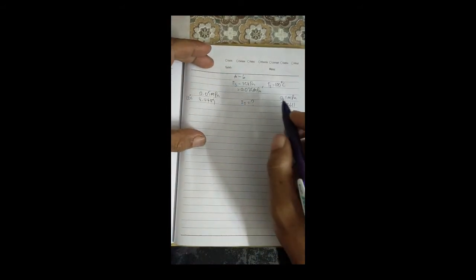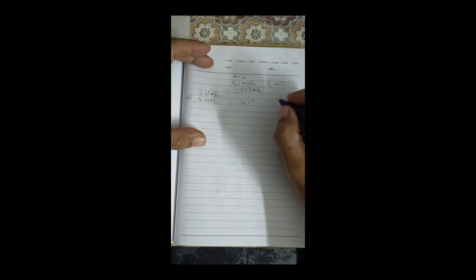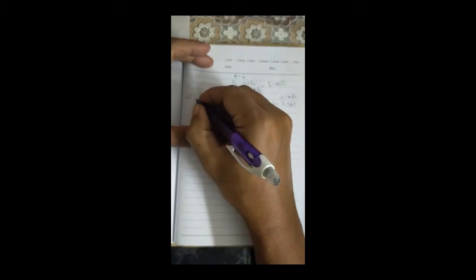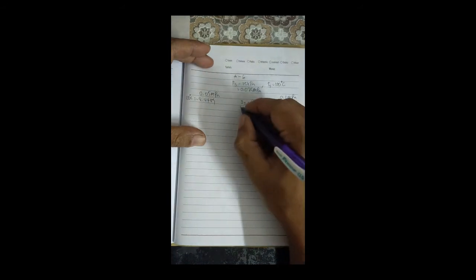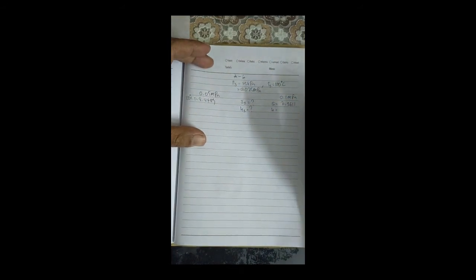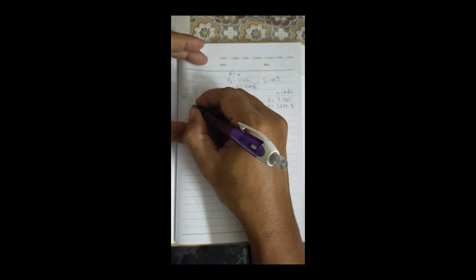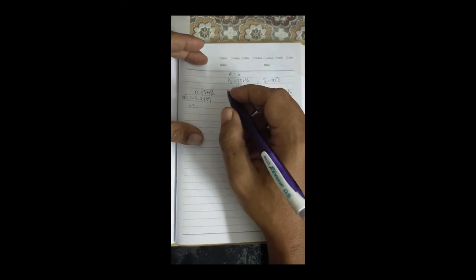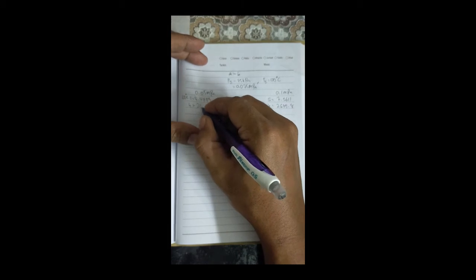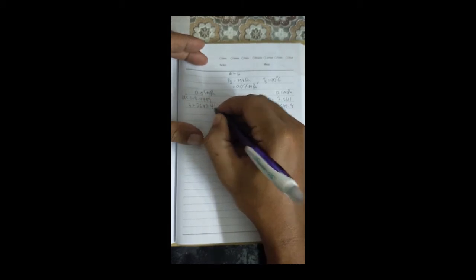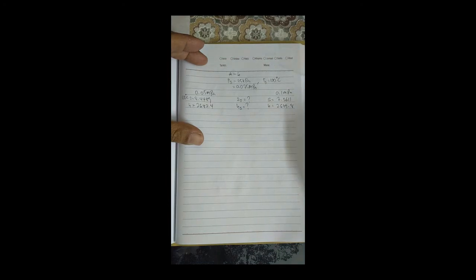So you can interpolate, and also this is your enthalpy H3, because we want to know the enthalpy. At 0.1 MPa, the enthalpy is 2675.8, and at 0.05 it is 2682.4.